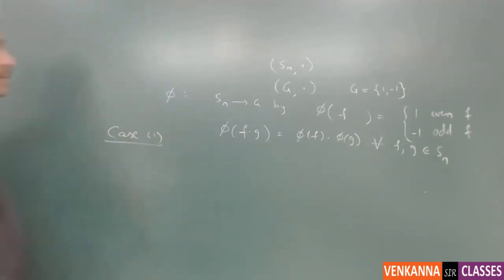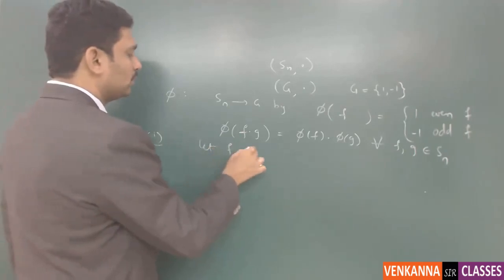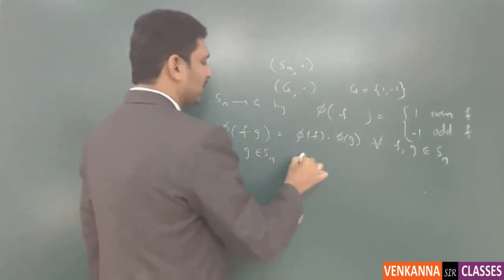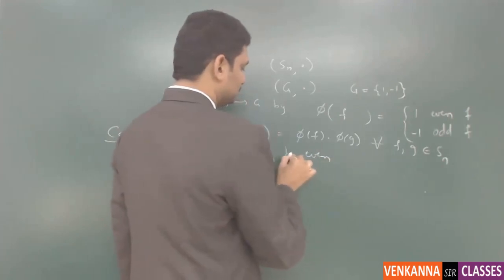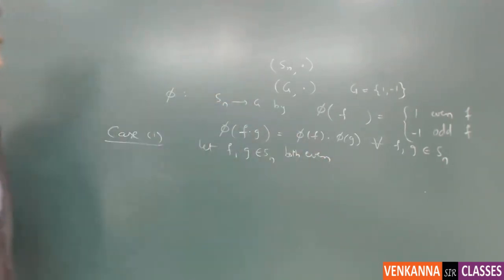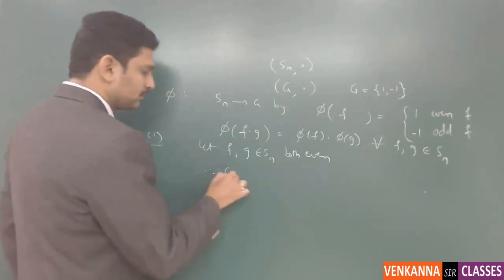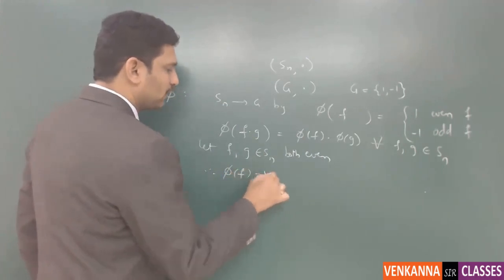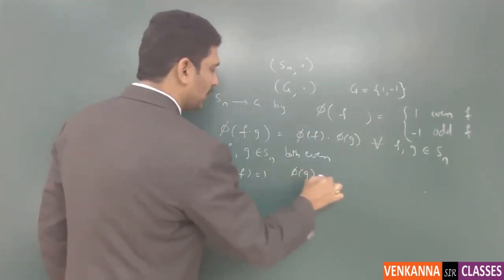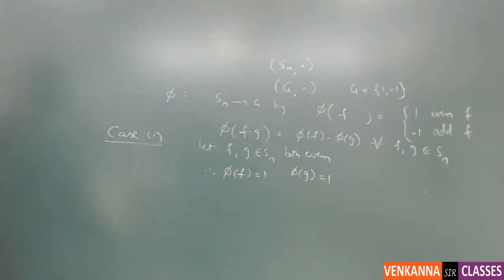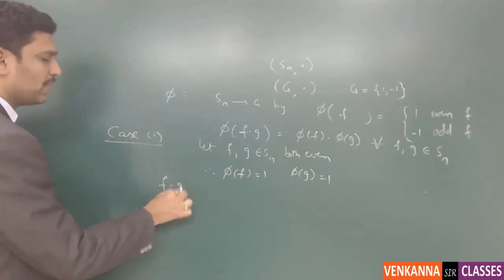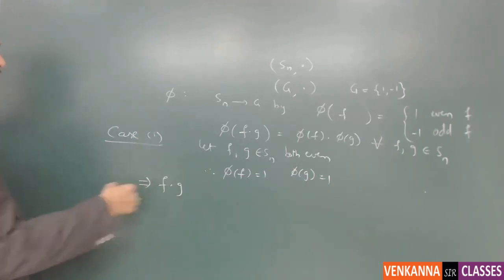In the first case, you take both f and g even. Since they are even, from the definition of phi, phi of f equals 1 and phi of g equals 1. Now tell me about the product. If you multiply the two permutations, what is the result? Is it even or odd? If I take the two permutations as even, what about the result?